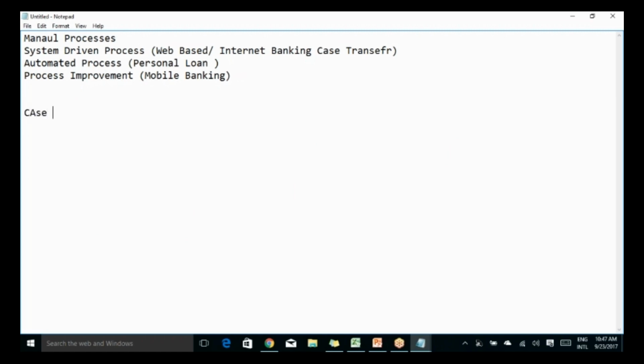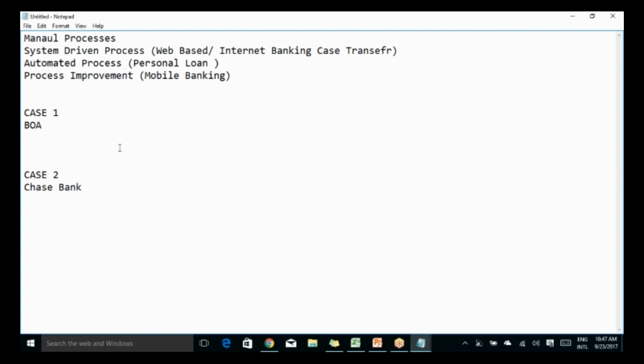Let's say there is case 1 and then case 2. Case 1 is Bank of America, and case 2, let's say, is Chase Bank.